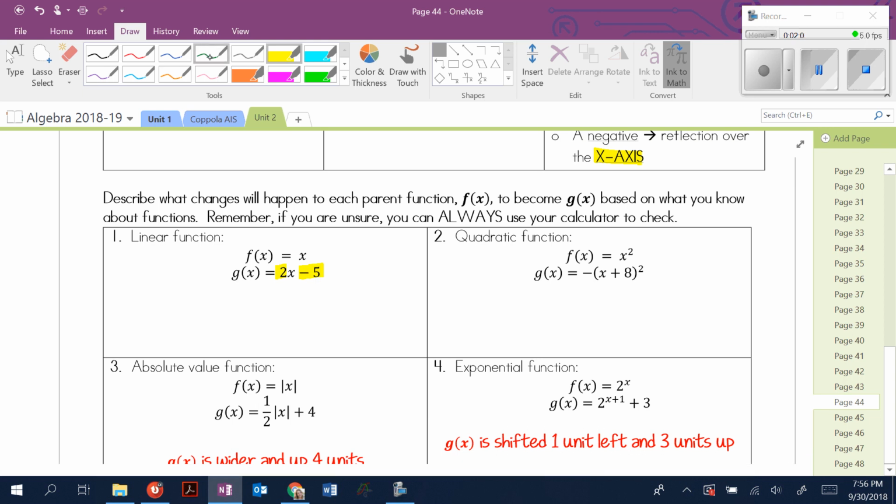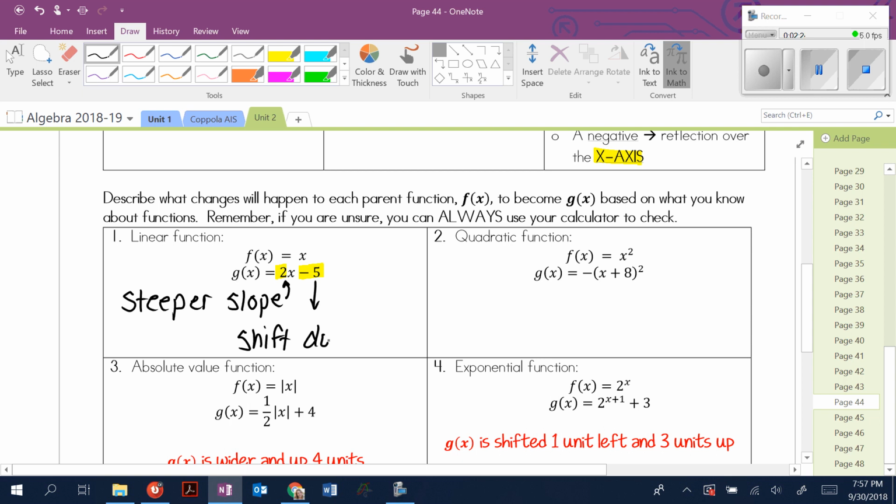So the 2 makes the slope steeper. That's what the 2 is doing. And then the minus 5 is going to shift down 5.